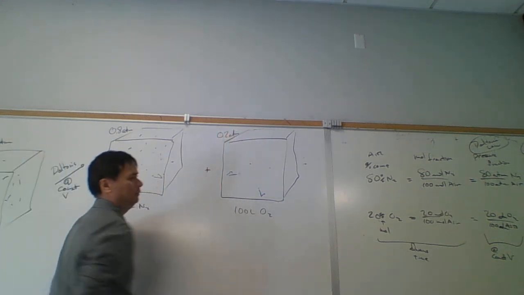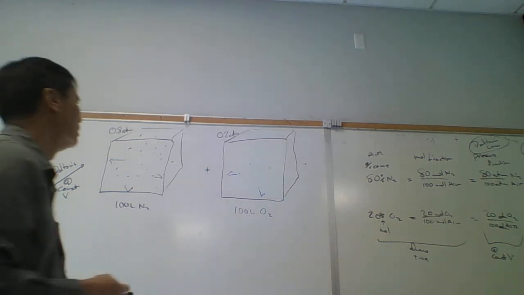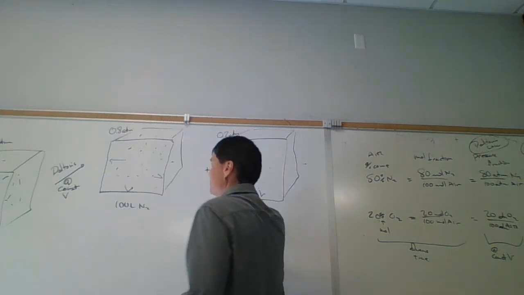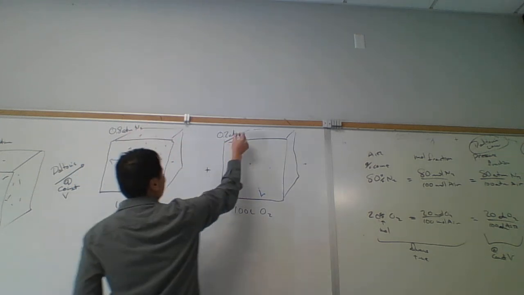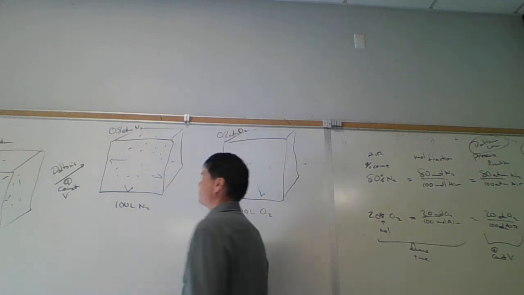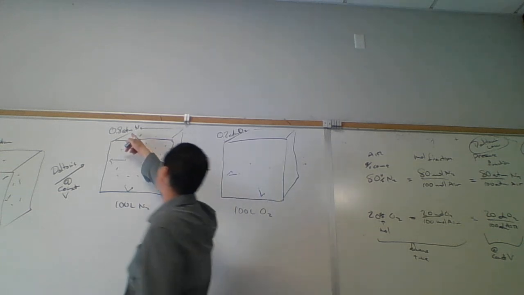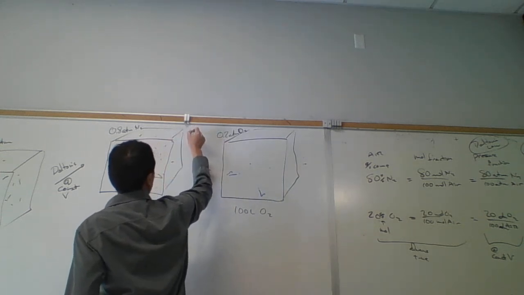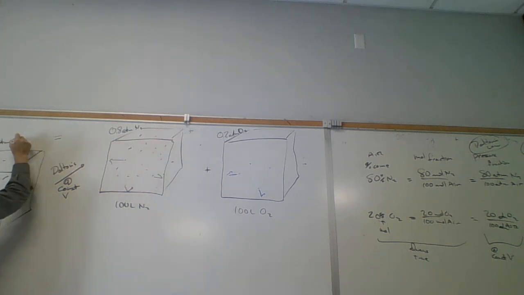And so this is Dalton's law proper. Dalton's law says if I take 0.8 atmospheres of N2 and add that to 0.2 atmospheres of O2, how many atmospheres of air will I get? So 0.8 atmospheres of N2 plus 0.2 atmospheres of O2 gives us 1.0 atmospheres of air.